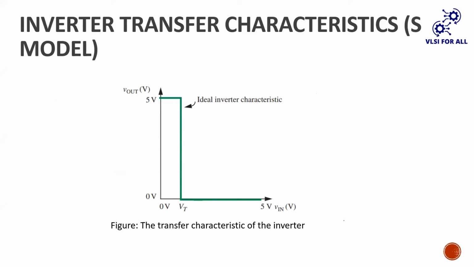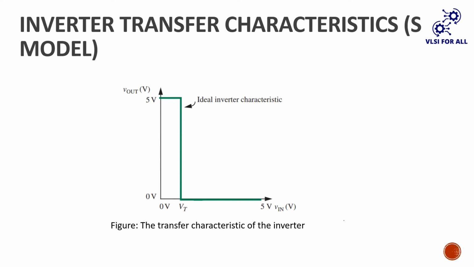Team, when you see the VI characteristics, the transfer characteristics, whenever the input voltage is less than Vt, the device enters into off state. The output voltage is 5 volts, Vs. Whenever the input voltage is more than VT, the device enters into on state.